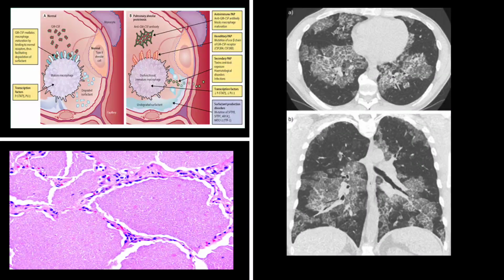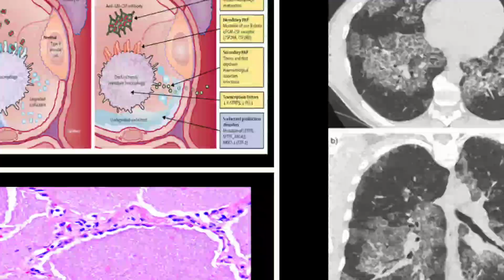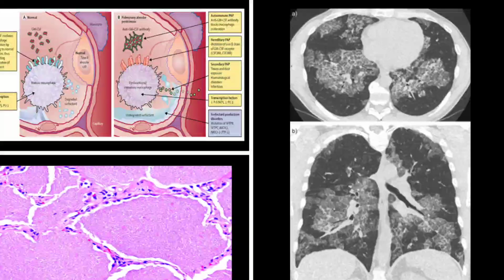Here we can see the periodic acid Schiff positive lipoproteinaceous material in the alveolar airways, and on the left hand side, the upper picture shows the presence of autoantibodies against this GM-CSF. On the right hand side we can see the picture of the lung where there is excess of surfactant and air entry is prevented.